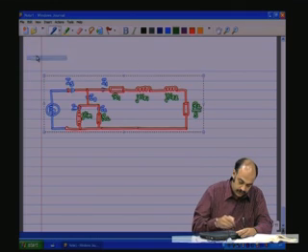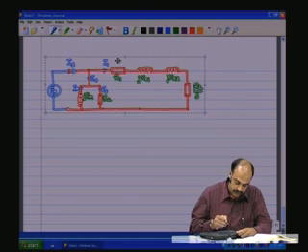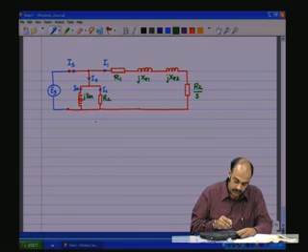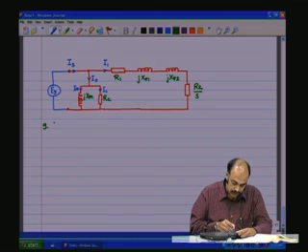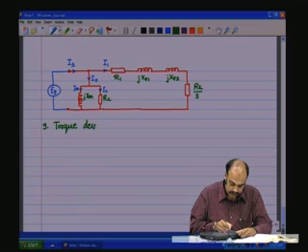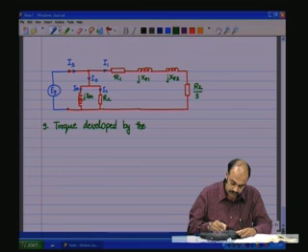Then we have point 9. The torque developed by the motor.